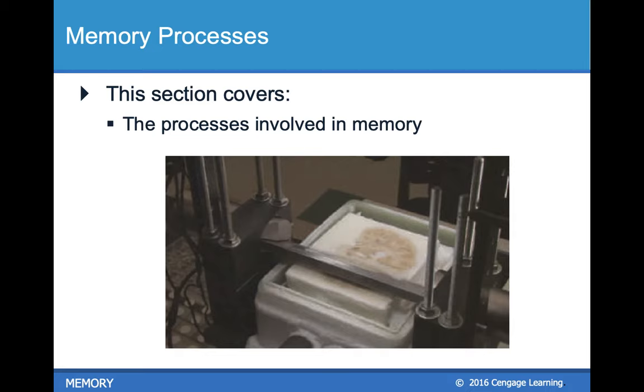I like this image here. This is actually a really famous person's brain. He was known as patient HM, but after his death, we learned that his name was Henry Molaison. Patient HM is a famous patient in psychology because he had severe amnesia after doctors removed a part of his brain.